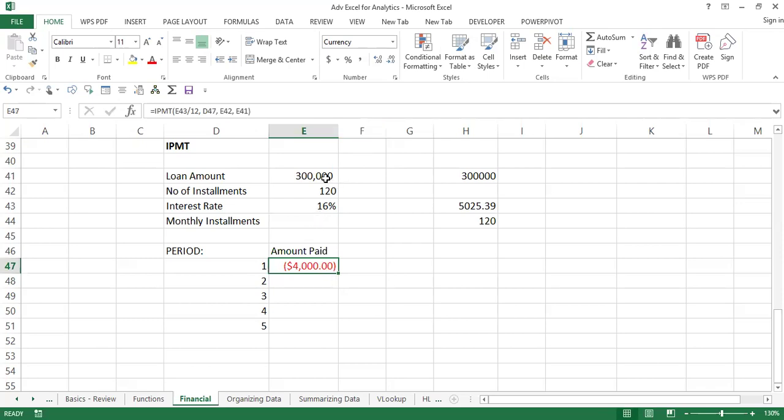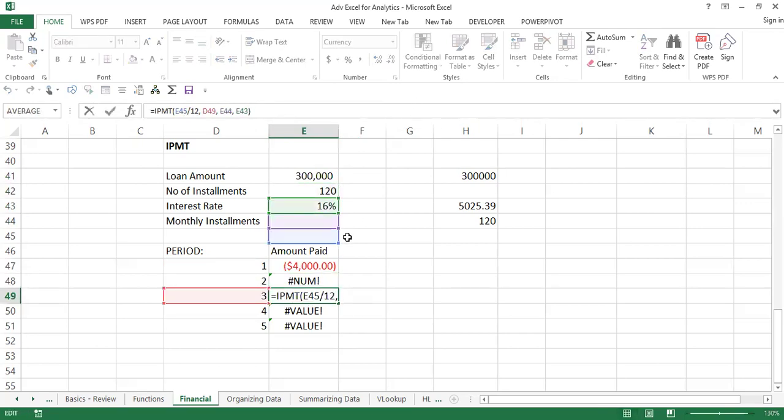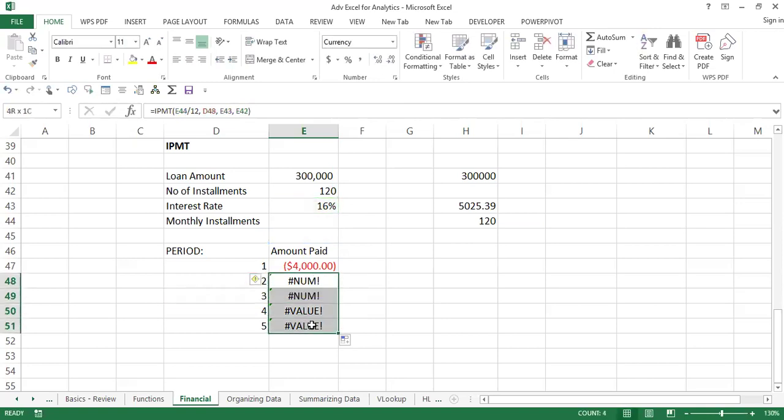You have to anchor these three, so they don't shift. Can you see they are shifting down? So we are going to use absolute addressing to change that.